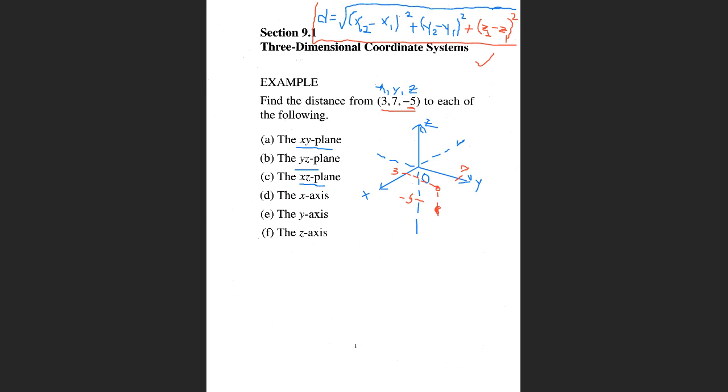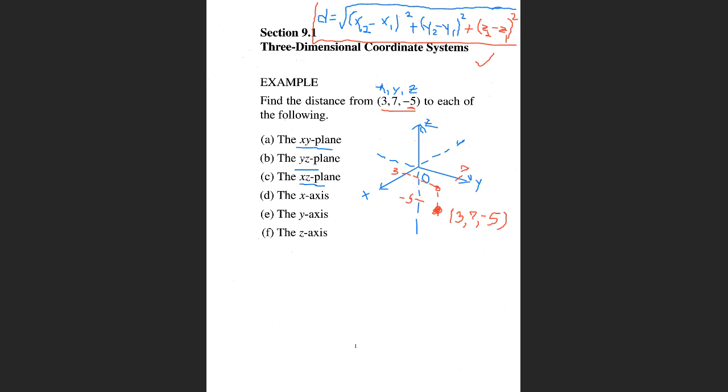So maybe right there, I'll put a big dot, and there is (3, 7, -5). So using Cartesian coordinates, you can locate any point in three-dimensional space.